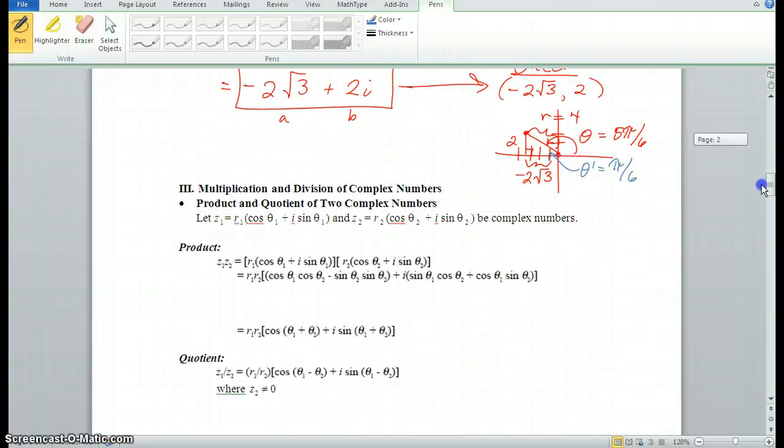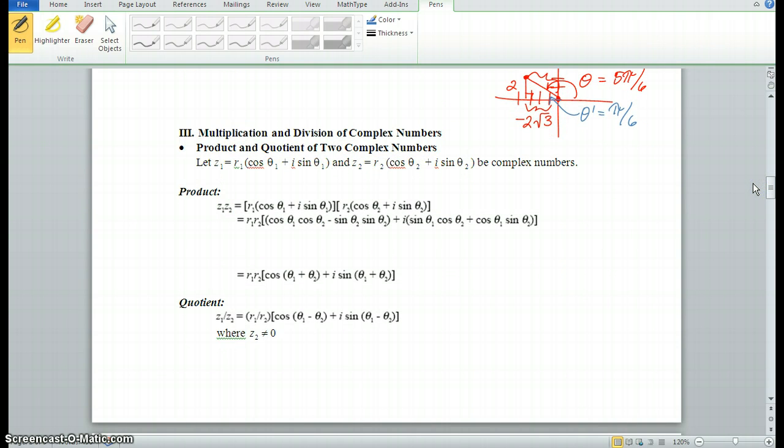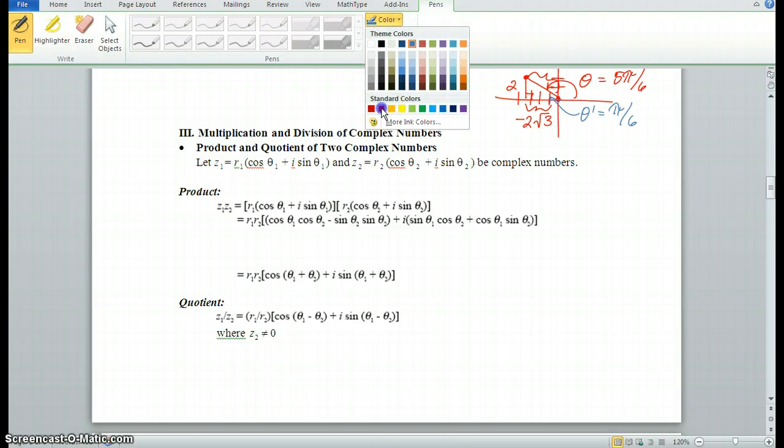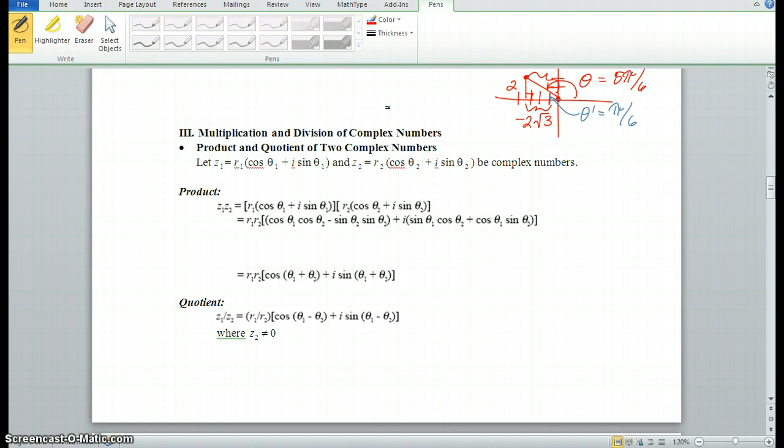So, multiplication and division of complex numbers. The product and quotient of two complex numbers. Let z sub 1 equal r sub 1 times the quantity cosine theta sub 1 plus i sine theta sub 1, and z sub 2 equal to r sub 2 times cosine theta sub 2 plus i sine theta sub 2 be complex numbers.